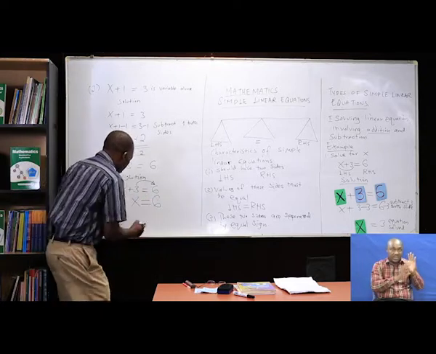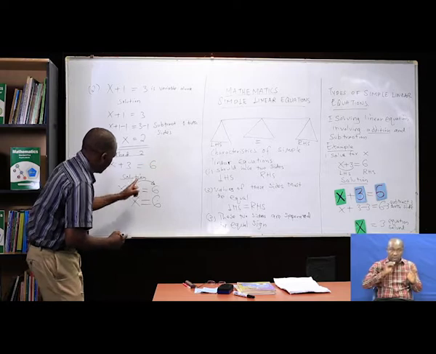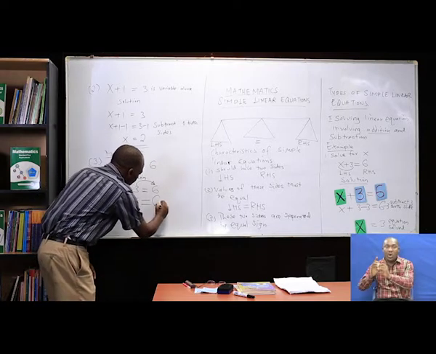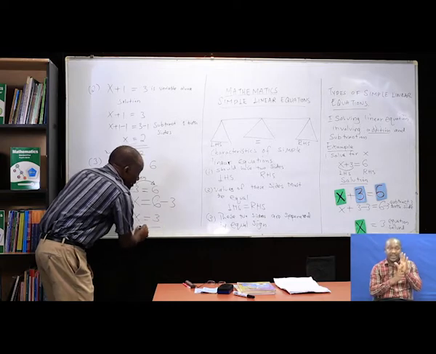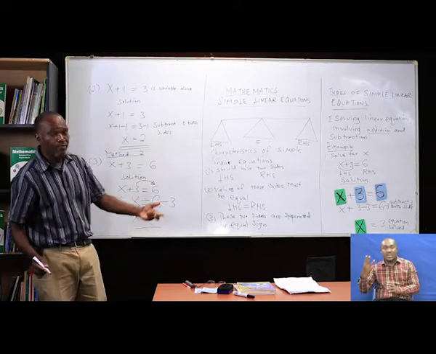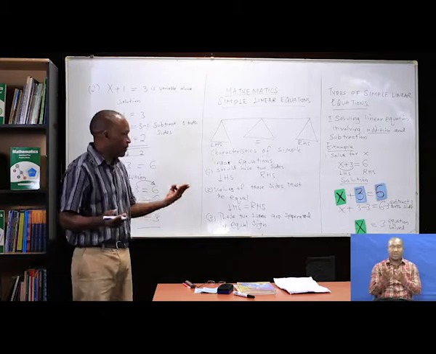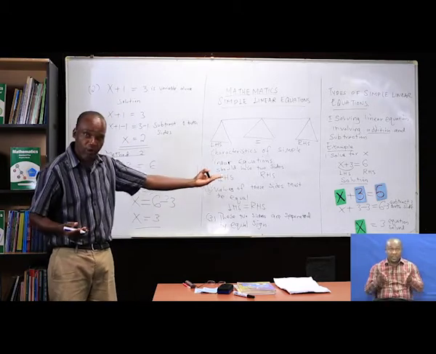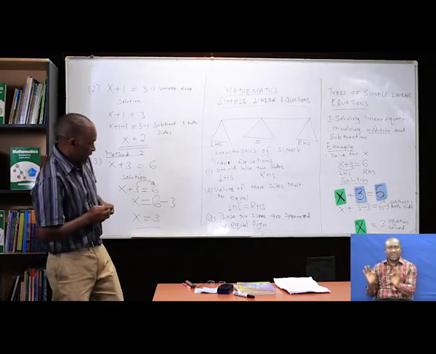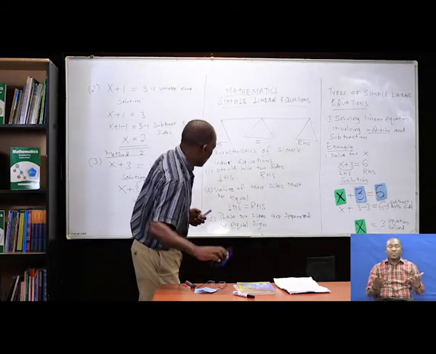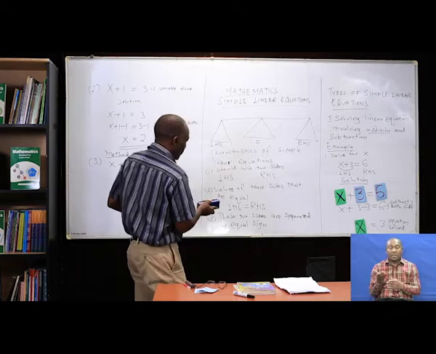So this one was shifting, it was positive, so it will be minus 3. Then x is 3. I think the same answer. Class, which is better or which is easier? That one or this one? I think you are going to choose yourself. Yeah. Let us continue with other examples.